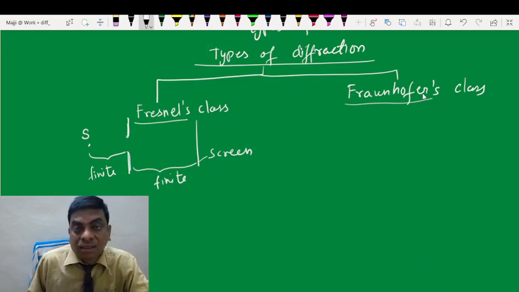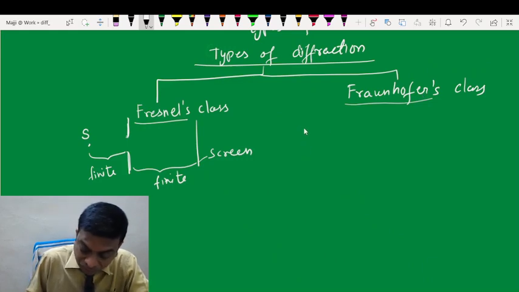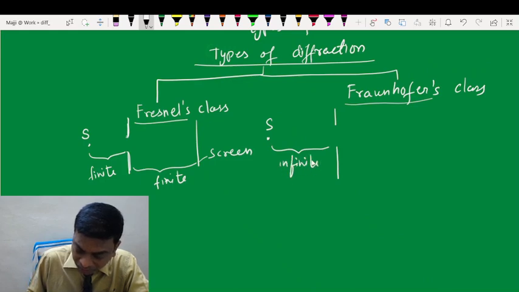And the sun being a light source at infinity, we can say that the source should be at infinite distance from the aperture or the obstacle, and since parallel rays will be incident, they will be focused somewhere at a far off distance.